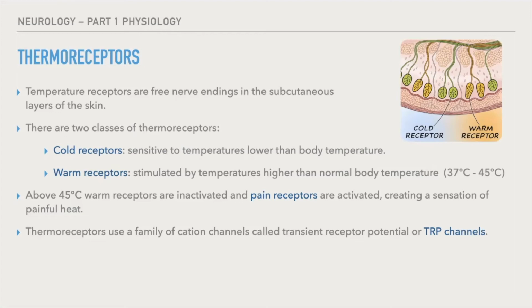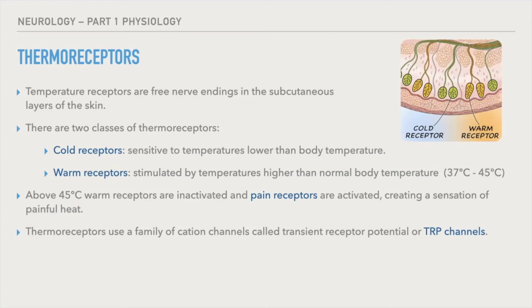Instead, the nociceptors will be activated. The nociceptors are responsible for signaling pain to the cerebral cortex. The same happens with extremely cold temperatures, which also activate nociceptors. The transduction of warm temperatures involves receptors called transient receptor potential channels, TRP.